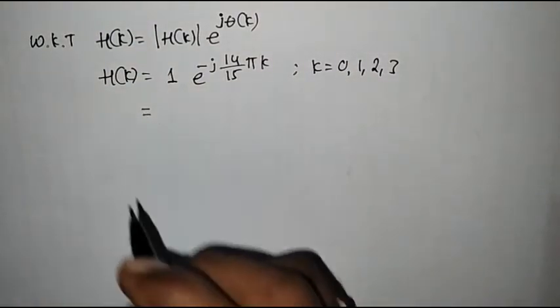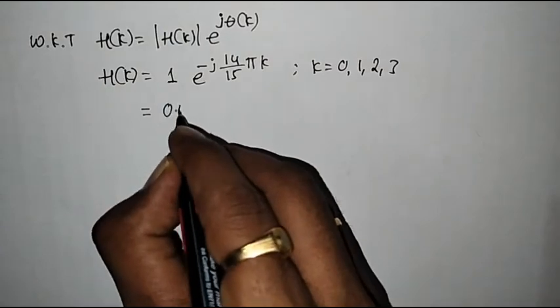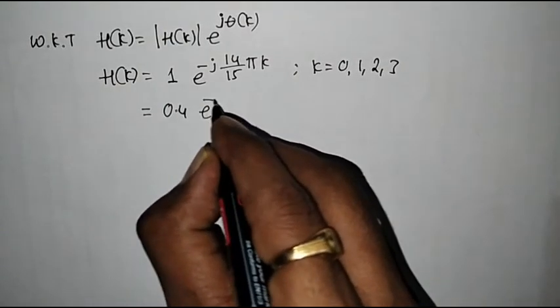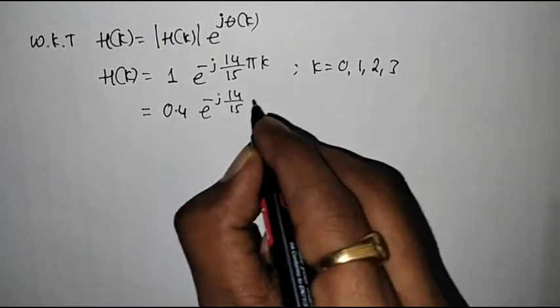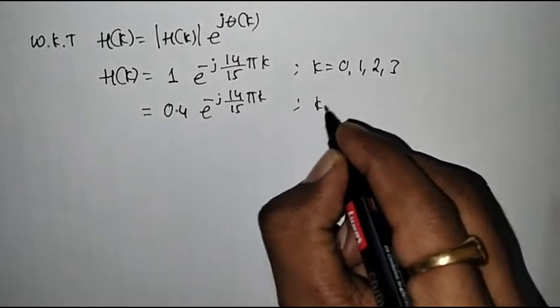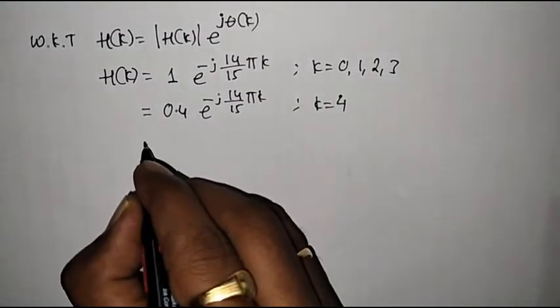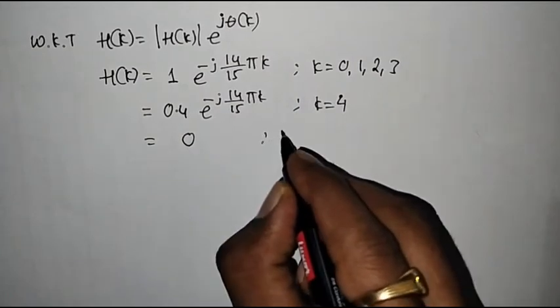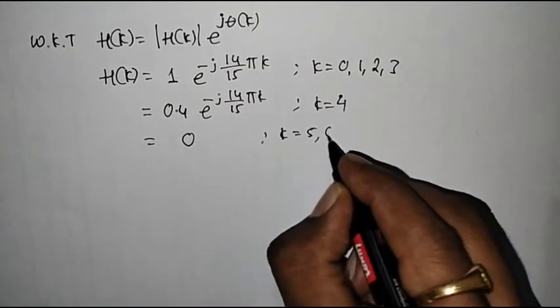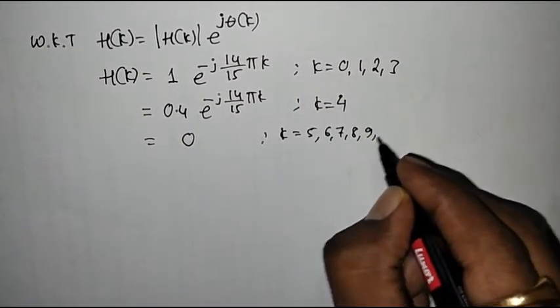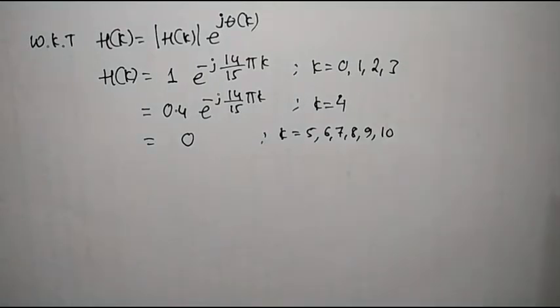Similarly, its value is 0.4 e raised to minus j 14 by 15 pi k for k equal to 4. Its value is 0 for k equal to 5, 6, 7, 8, 9 and 10.